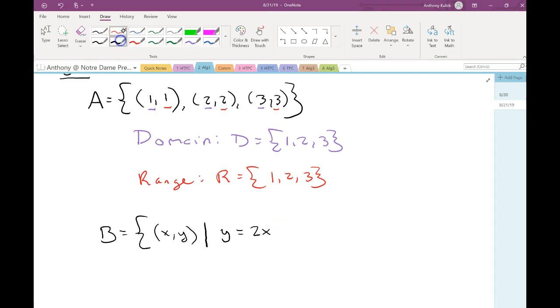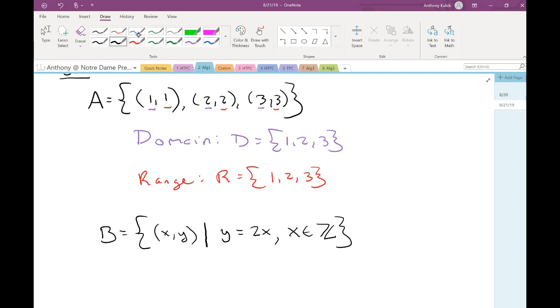And then I really should say what these x's are. Maybe we'll just say those are integers. So this is an example of an infinite relation.